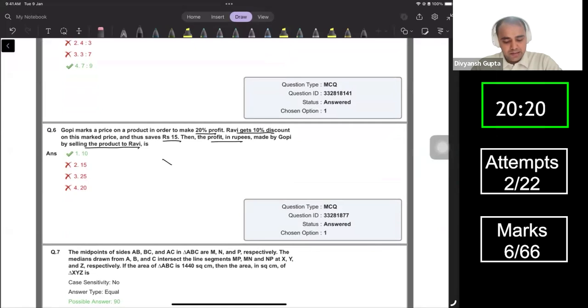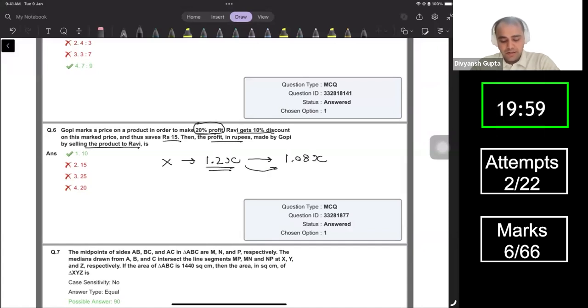the price is X. So Gopi makes the price to be 1.2x because she accounted for 20% profit. Now Ravi gets a 10% discount on this mark price, which means the selling price to Ravi is 90% of 1.2x, which will be 1.08x.